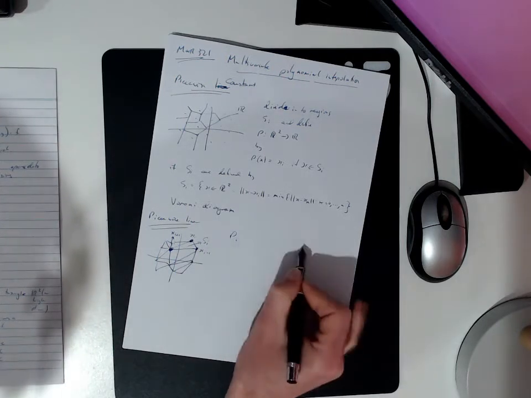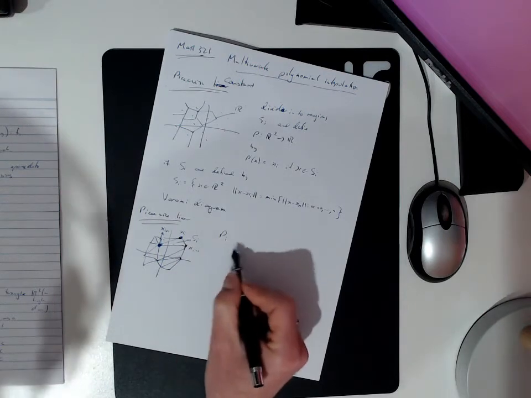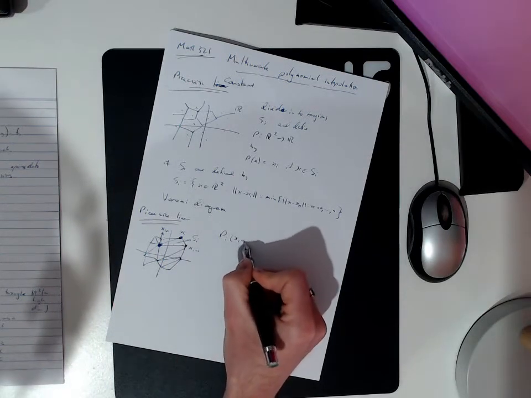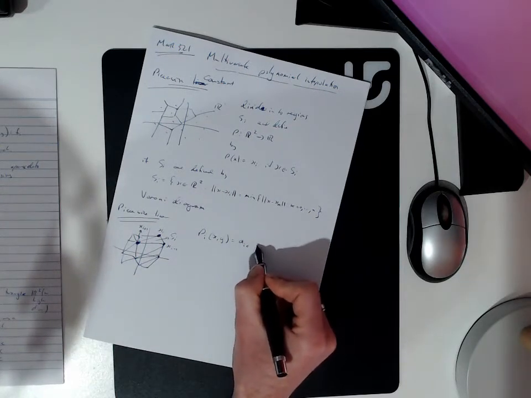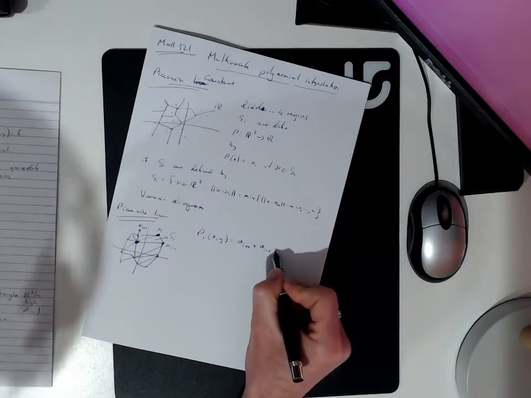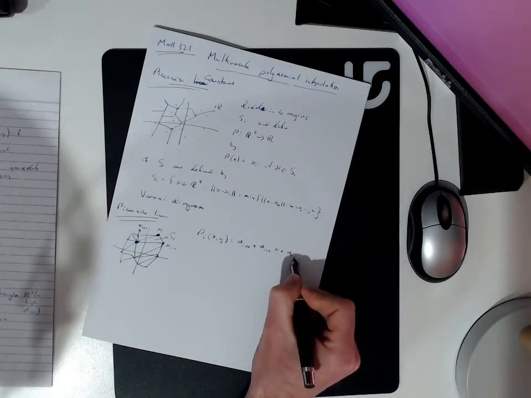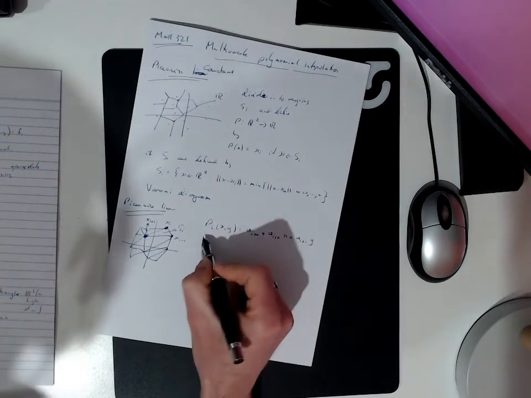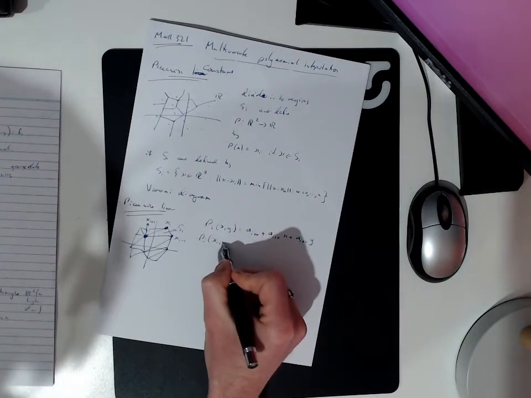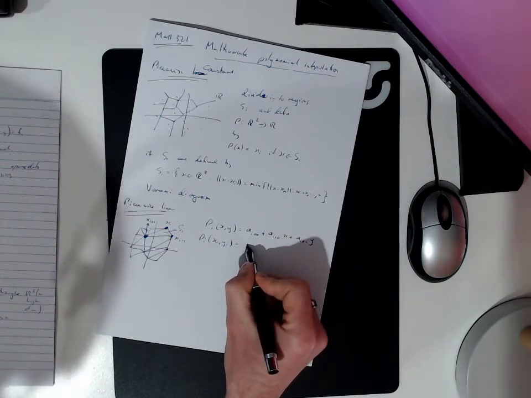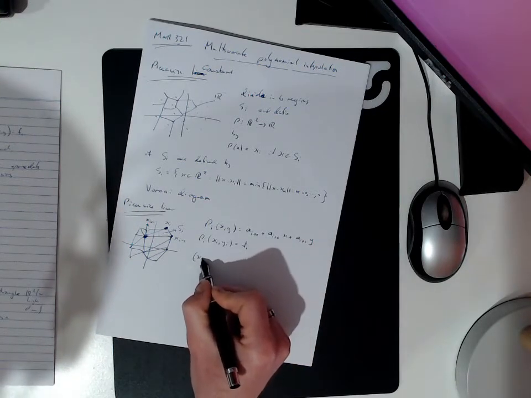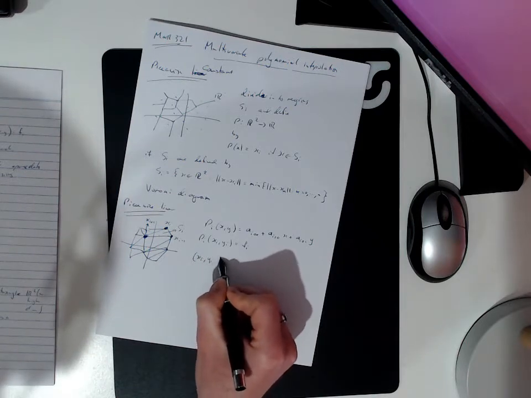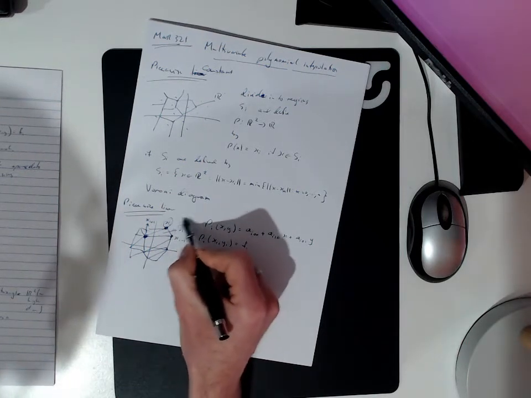So we define Pi, the interpolant on the Si piece, is going to be equal to ai0,0 plus ai1,0 x plus ai0,1 y. And you have a system of 3 equations, P of xi, yi equal to fi, where we have the points xi, yi, fi.